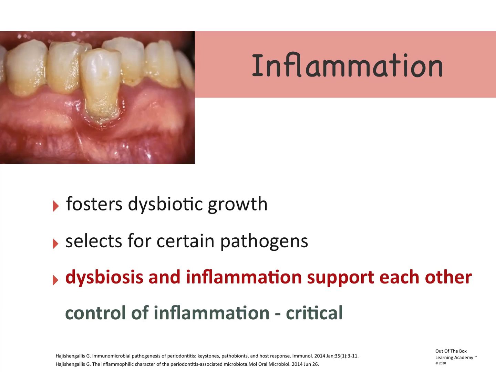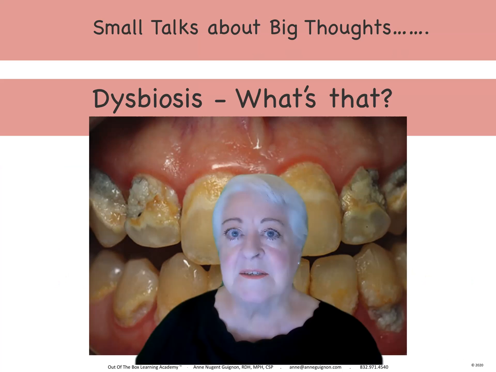Two of the most important statements are that dysbiosis and inflammation support each other. It's like, which came first, the chicken or the egg? And finally, the most important statement that he makes in his writing, in my mind, is that the control of inflammation is simply critical.